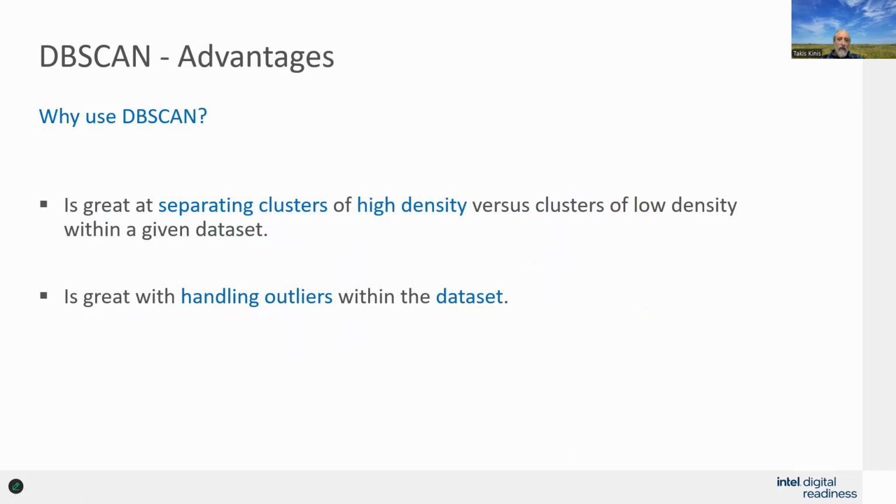All right, so advantages of using this approach. It says it's great at separating clusters of high density versus clusters of low density, right? So if you have significant groupings in your data, that's what it latches onto.